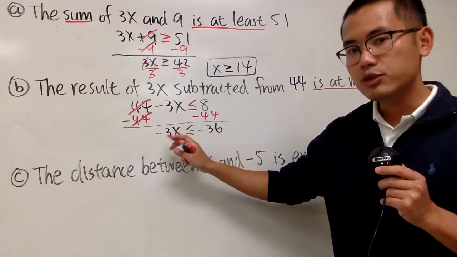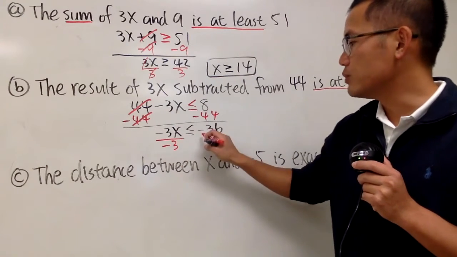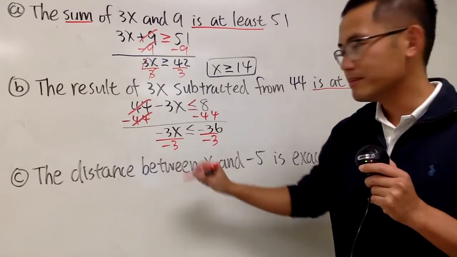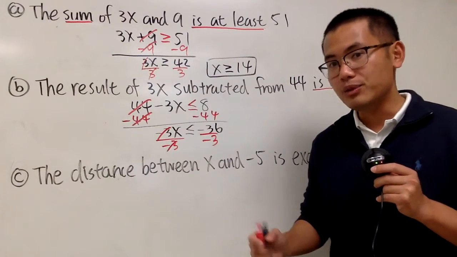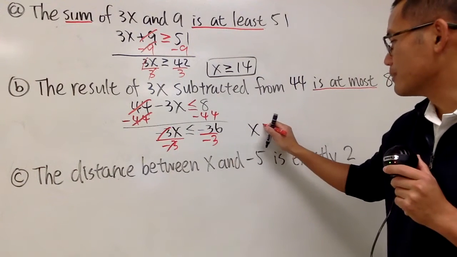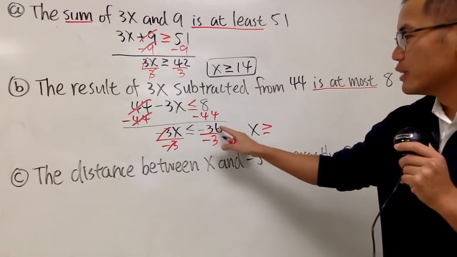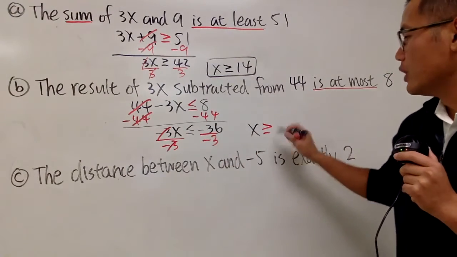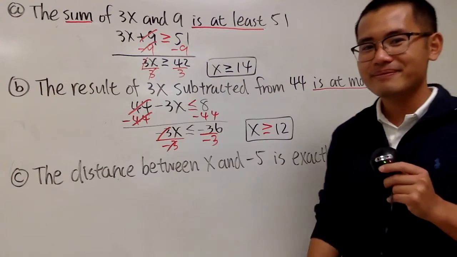Now, this is negative 3 times x, so we will have to divide both sides by negative 3. Well, this and that cancel, but we did divide both sides by negative 3. So this is x, and we have to flip the inequality symbol, and it becomes a greater than or equal to negative 36 over negative 3. Work that out, we get positive 12. So that's the answer for that.